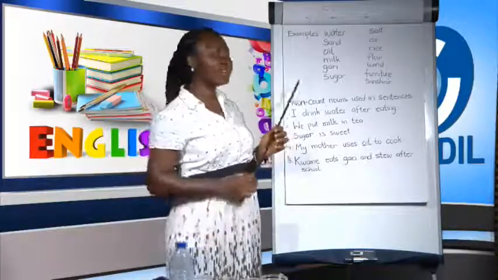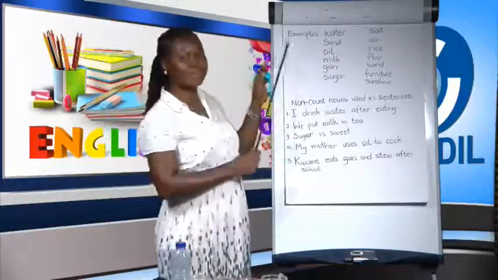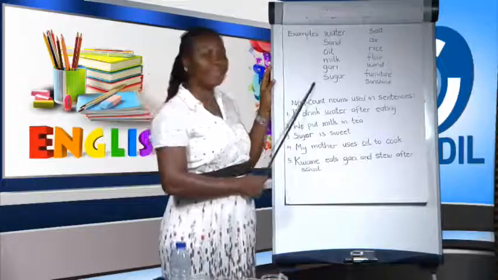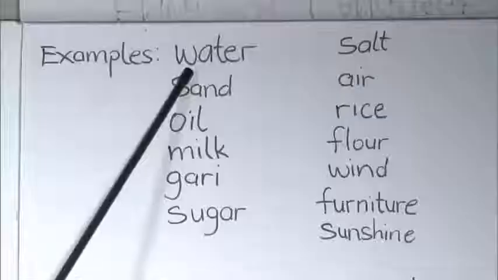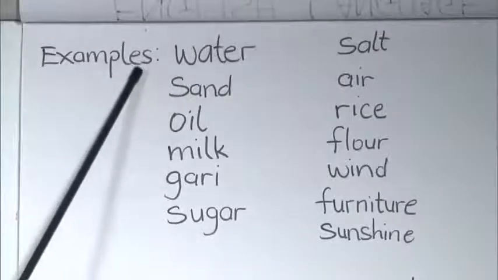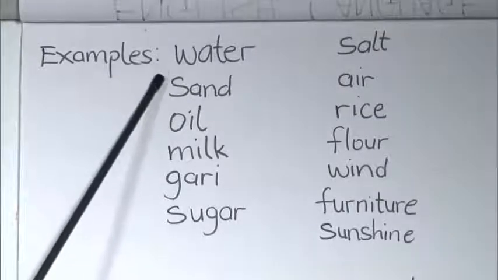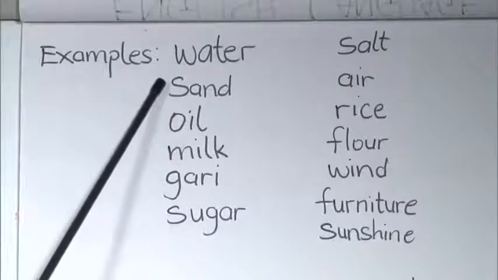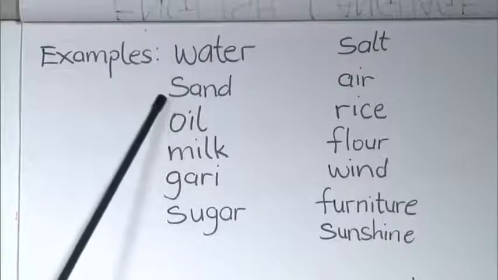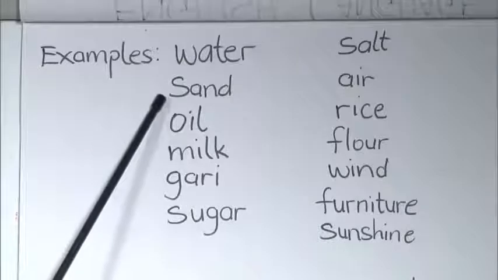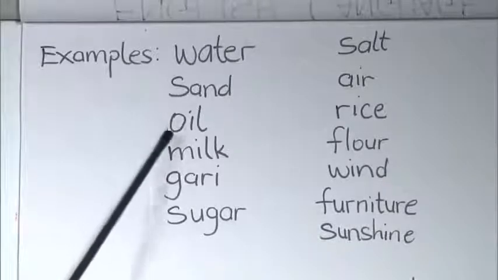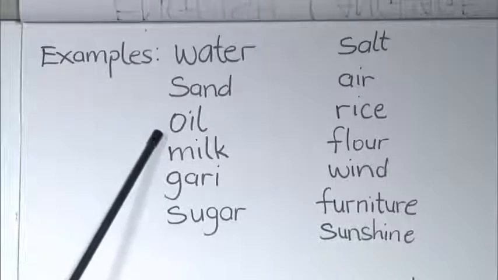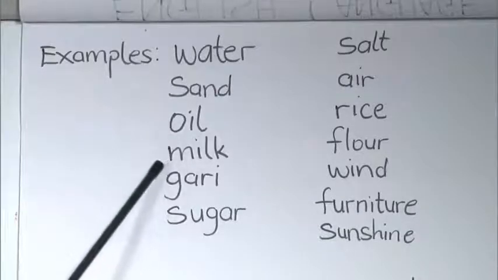Examples of uncountable nouns. We have some here. We have water as an uncountable noun. We cannot count water. We have sand. We cannot count sand. We have oil. Milk.